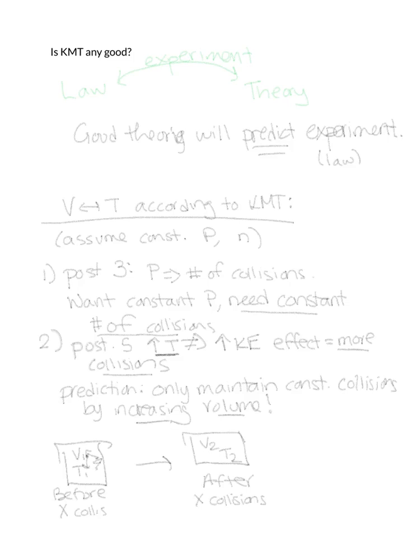The only way that this happens, if P stays the same and T goes up, V must also go up. That's just another way of saying that V1 over T1 equals V2 over T2.